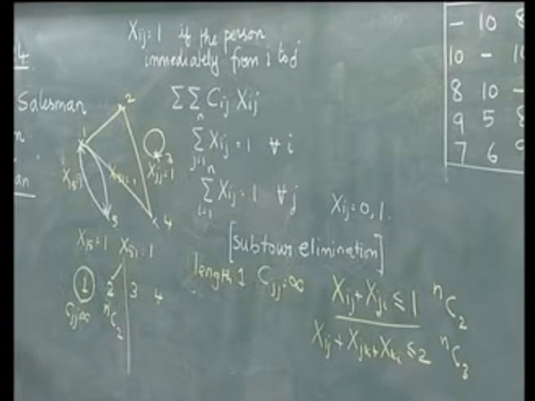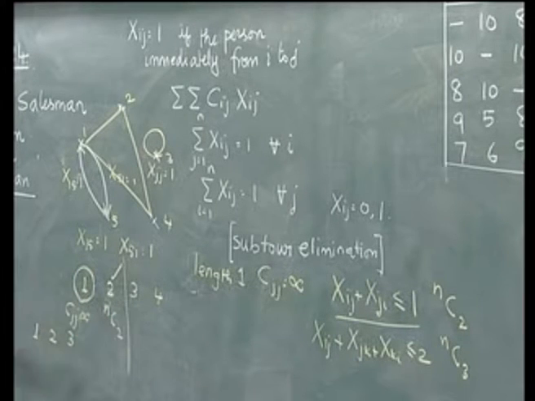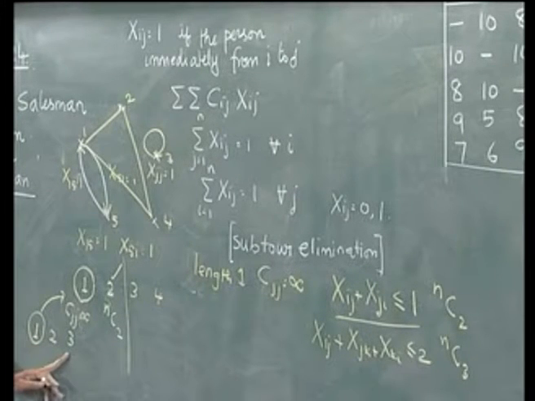In a 7 city TSP, we will have to eliminate subtours of length 1, 2 and 3, because 4, 5, 6 and 7 we can eliminate by carefully eliminating 1, 2 and 3. 1 is always eliminated by this. So, for a 7 city problem we need to add nC2 plus nC3.